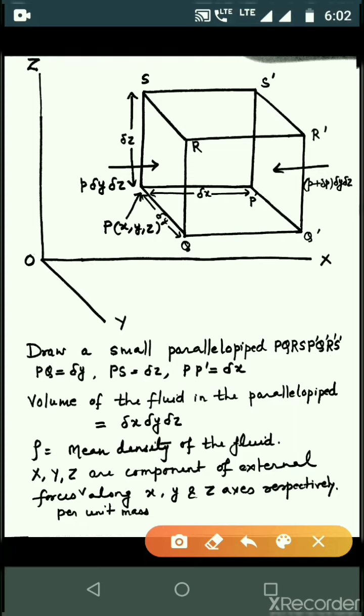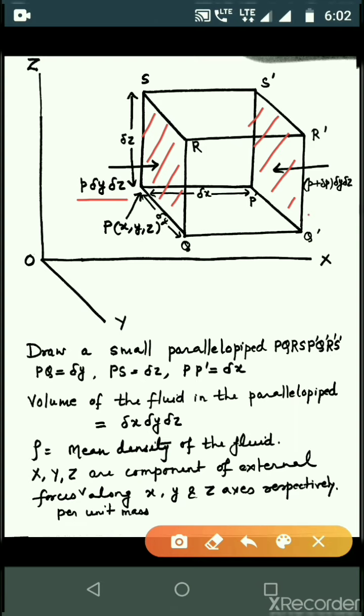Now we consider equilibrium along the x-axis. Along the x-axis we have the face PQRS and the face P'Q'R'S'. The first force or thrust is p delta y delta z. That means on the face PQRS there is a pressure p, and on the face P'Q'R'S' there is a pressure p plus delta p.